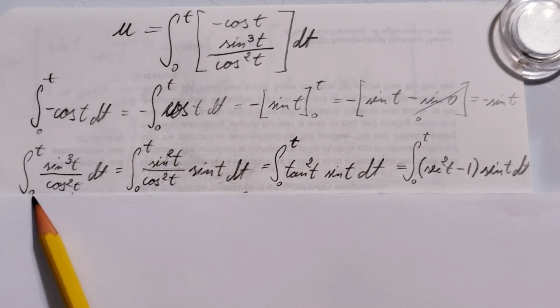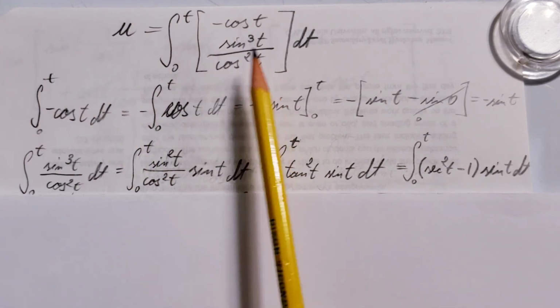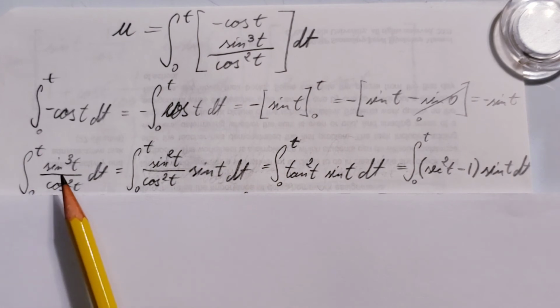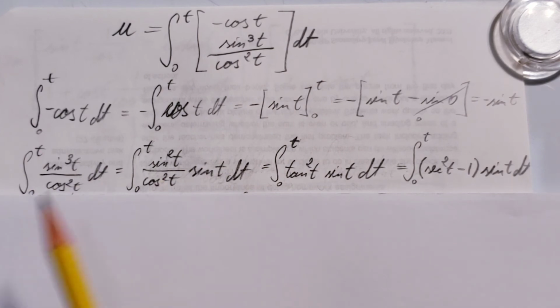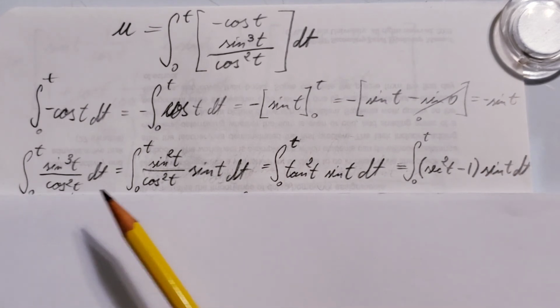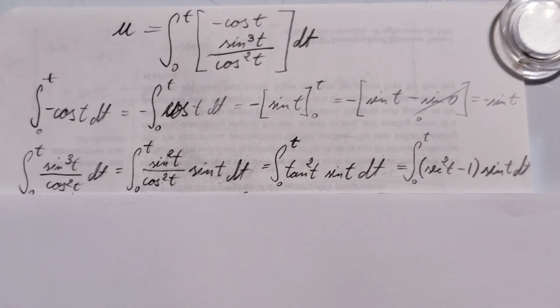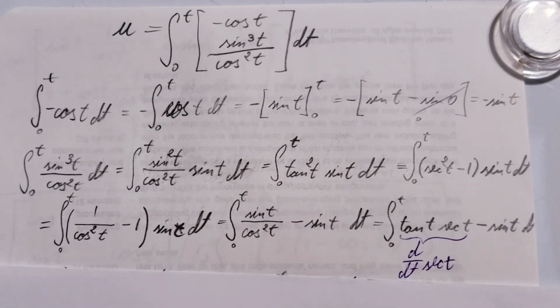Now the second integral, 0 to t of sine cubed t over cosine squared t. First I'm going to manipulate this a little bit and then use formulas to solve it. Here it is. I'm not going to read them out one by one. I'm just going to pause the video and hopefully you can read it and verify if you got stuck somewhere. Here's some more.